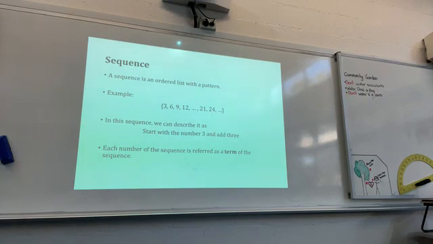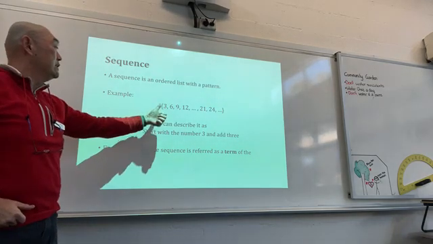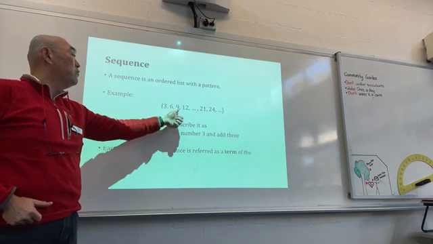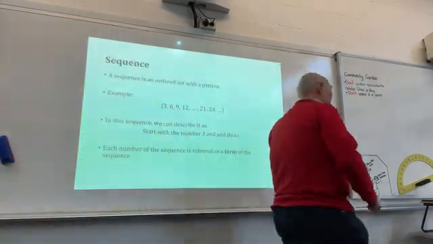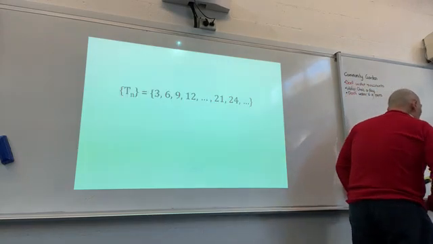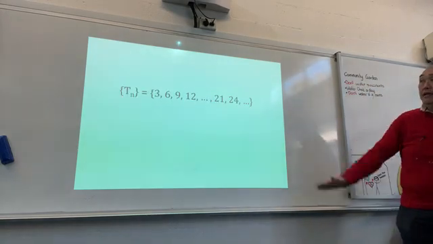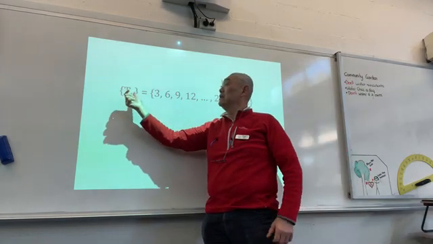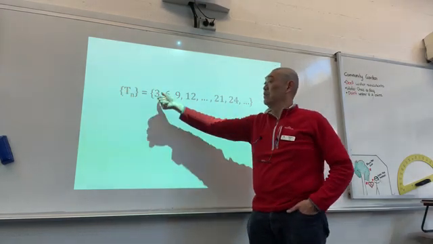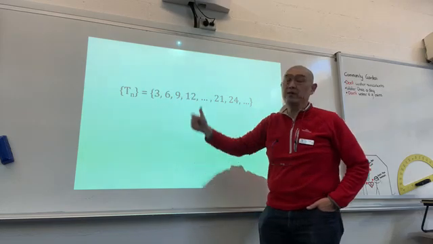And each number of the sequence is referred to as a term of the sequence. For example, this is term 1, term 2, term 3, term 4, whatever, until term n. The way we write it is Tn, the nth term, equals the first term, second term, third term, fourth term.